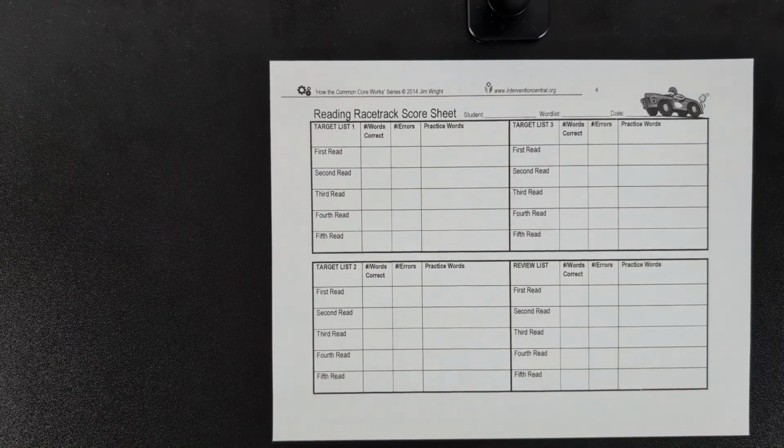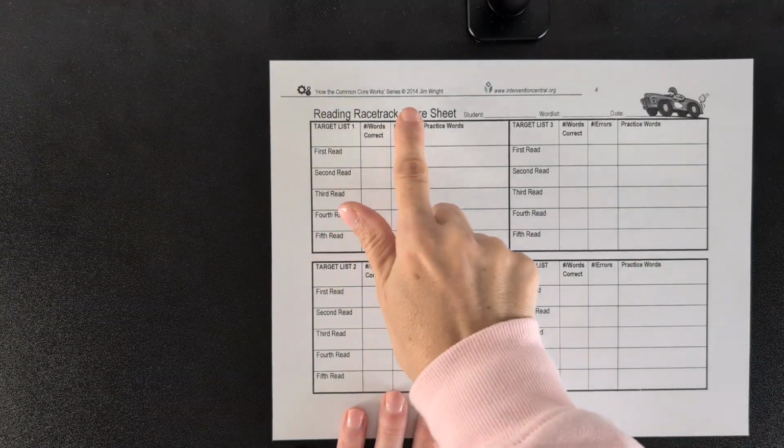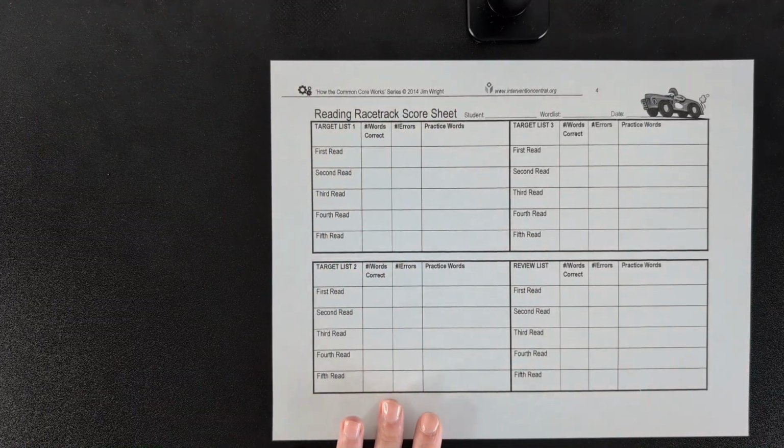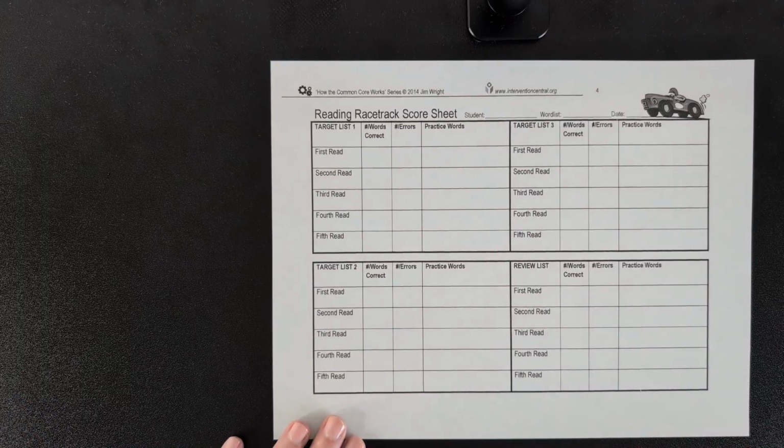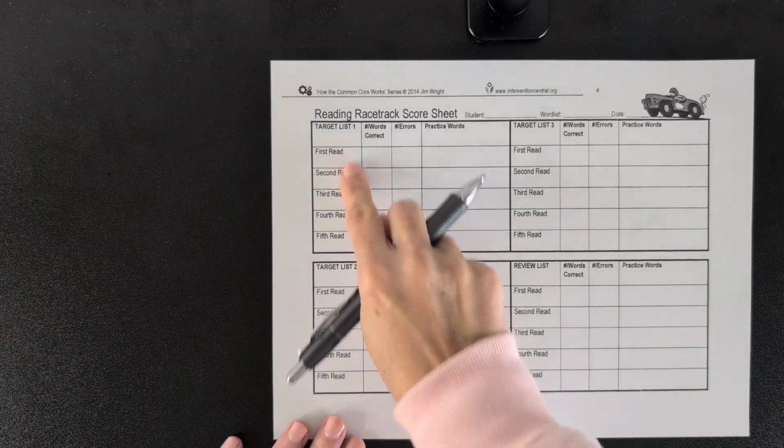I'm going to explain where the teacher should be recording the information on the Reading Racetrack score sheet, as this should be done while the student is reading the words aloud during the 1 minute. As the student is reading the words, the teacher is going to want to record the number of circuits underneath which read you are completing.